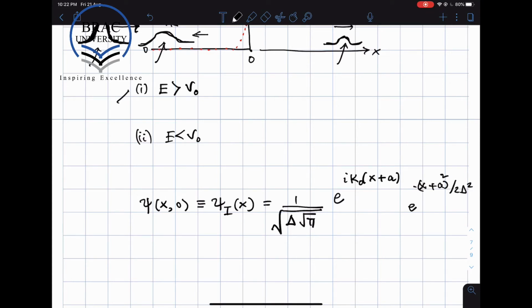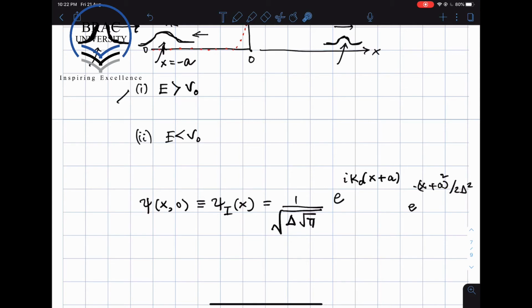So this means that this Gaussian at time t0 is centered at this point, x equals minus a. And the spread of the Gaussian is given by this delta.